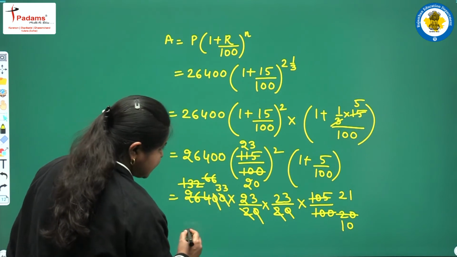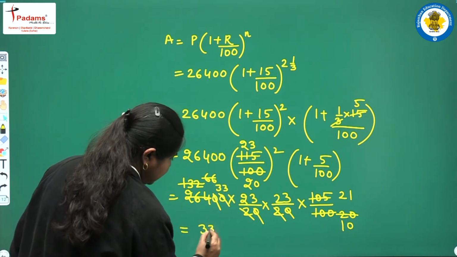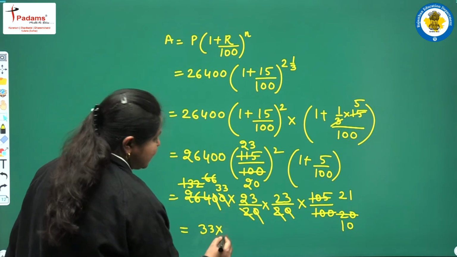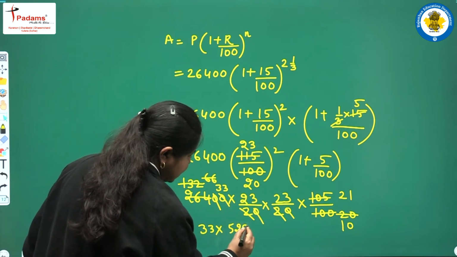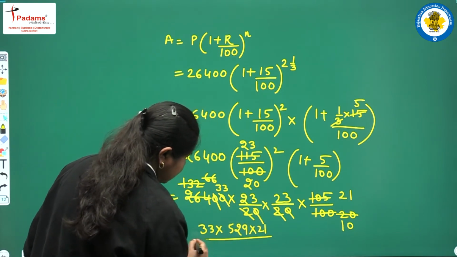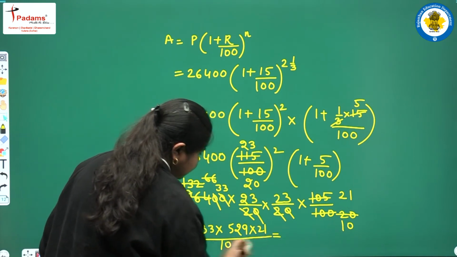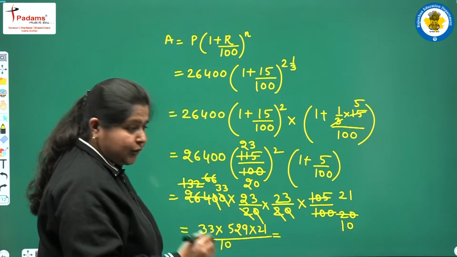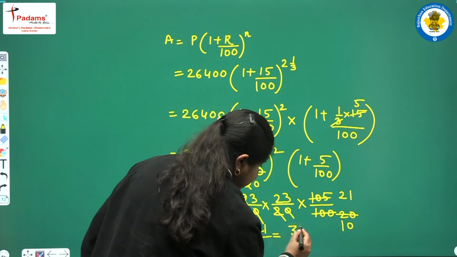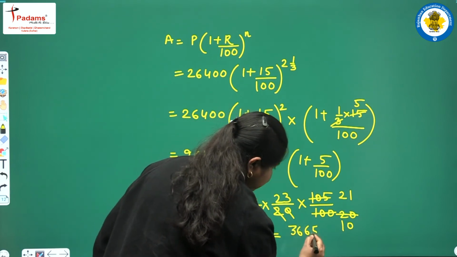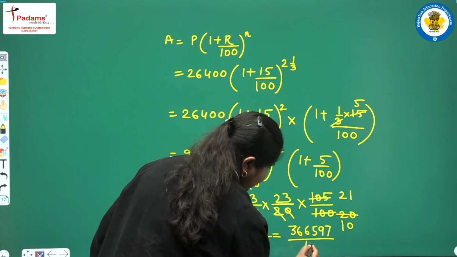तो अब हमारे पास क्या बचा देखिए आप. 33 into 23 into 23 it will be 529 into 21 upon 10. If you multiply these three numbers, you will get it as 366,597 and upon 10 here.